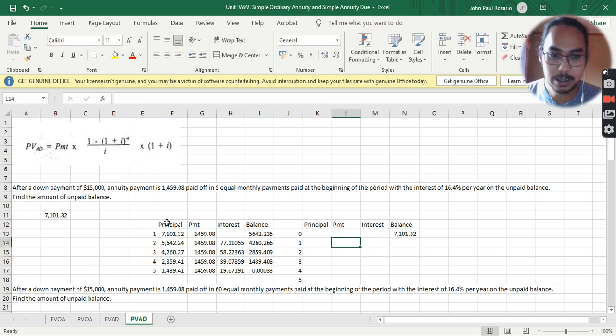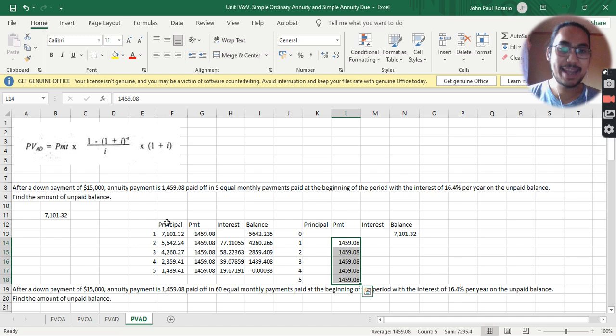Our payments, and then our interest for the period.